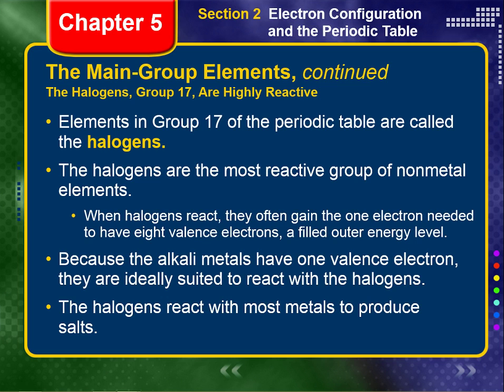Because the alkali metals have 1 valence electron, they are ideally suited to react with the halogens, which want to gain 1 valence electron. So whenever a halogen reacts with a metal, we call it a salt, right? Or at least most metals.